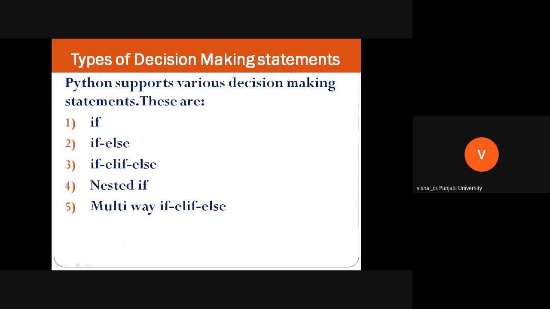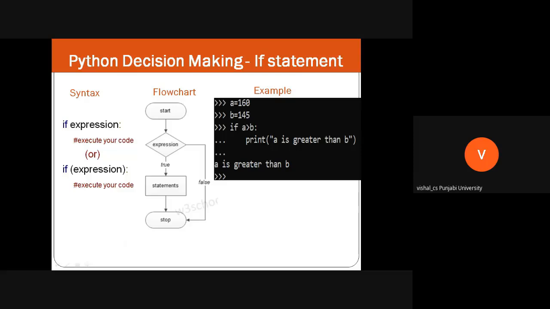Python supports various decision making statements. First is if, then if else, nested if, and multi-way if else. Let's start with the if statement. You can see the syntax here.